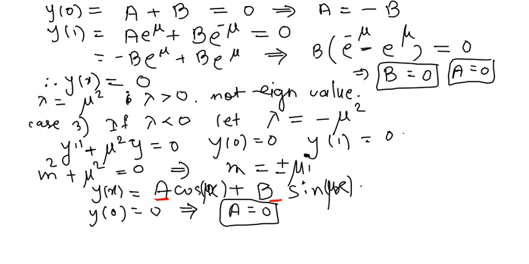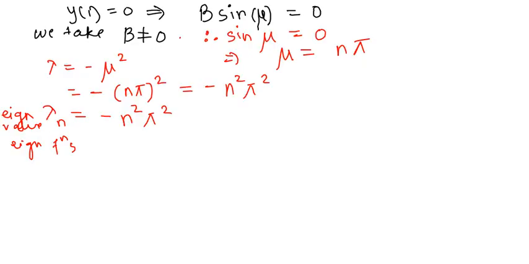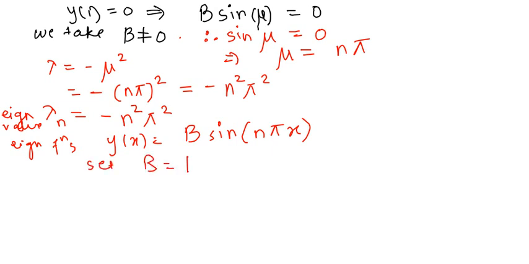And mu value is what? N into pi. So we will get the eigenfunctions which will be some constant times sine of mu x. But what is mu? Mu is nothing but n pi into this x. So these are the eigenfunctions. So we set b to be equal to 1, then we get y of x to be equal to sine of n pi x.